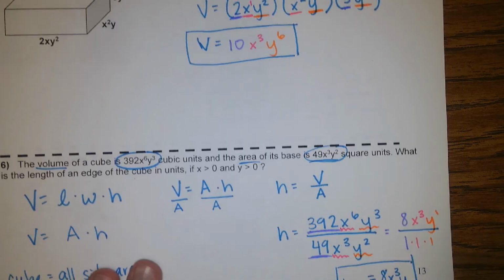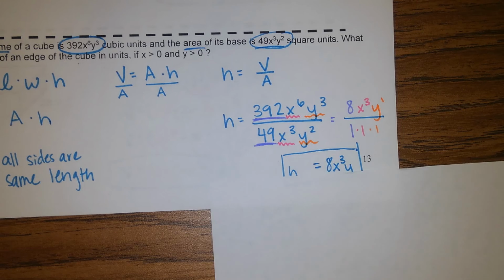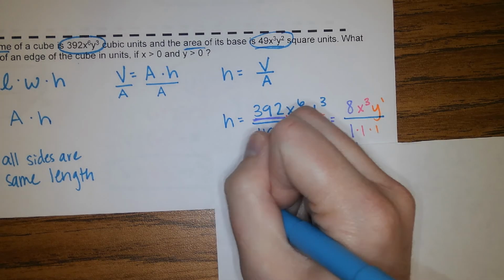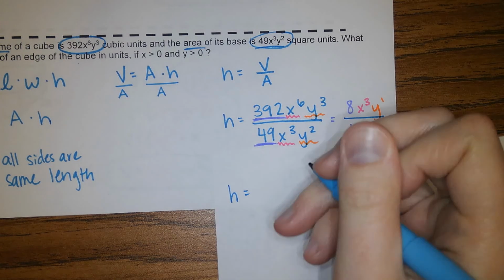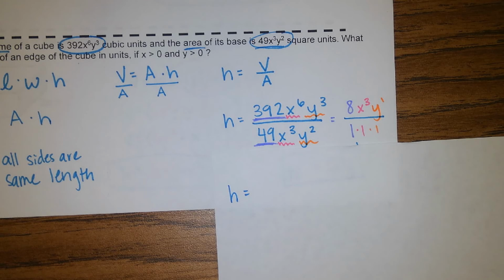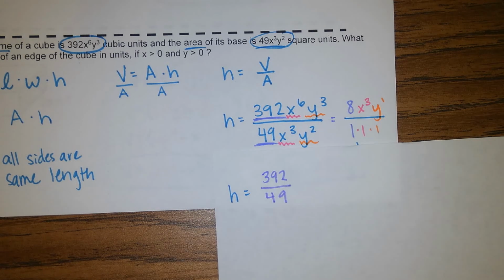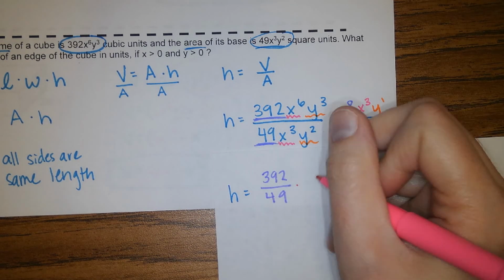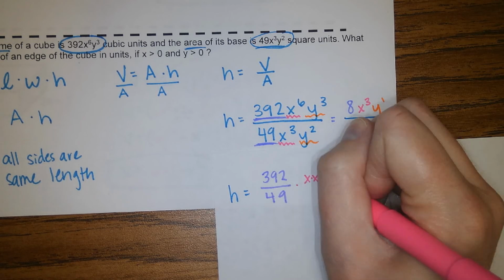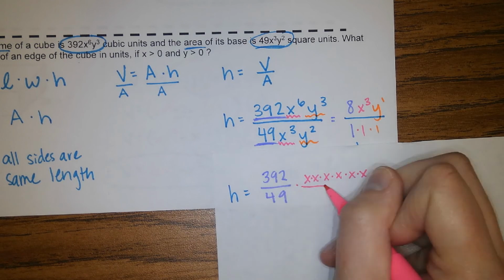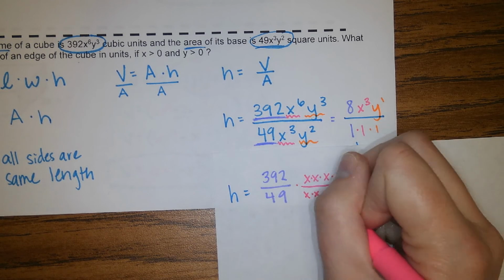And the final thing will also be true for our last problem, okay? So if we wanted to expand this out for our height, or I guess it's our length, we would say, okay, we have our 392 over our 49. And then let's do our x's. So we have 1, 2, 3, 4, 5, 6 x's in the numerator and 3 x's in the denominator.